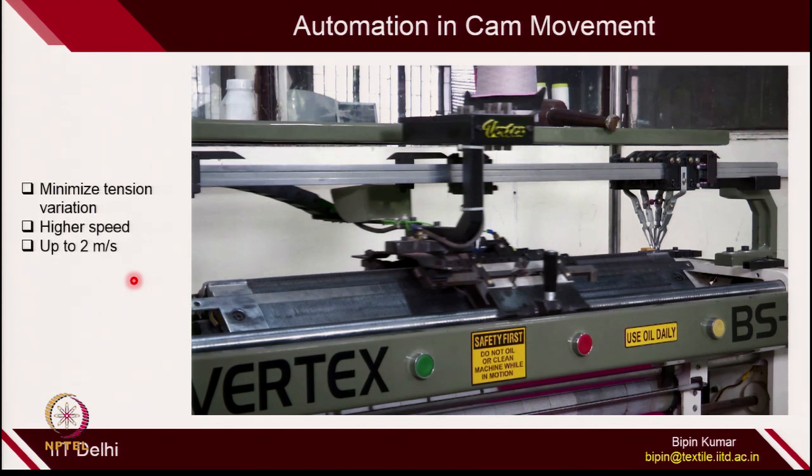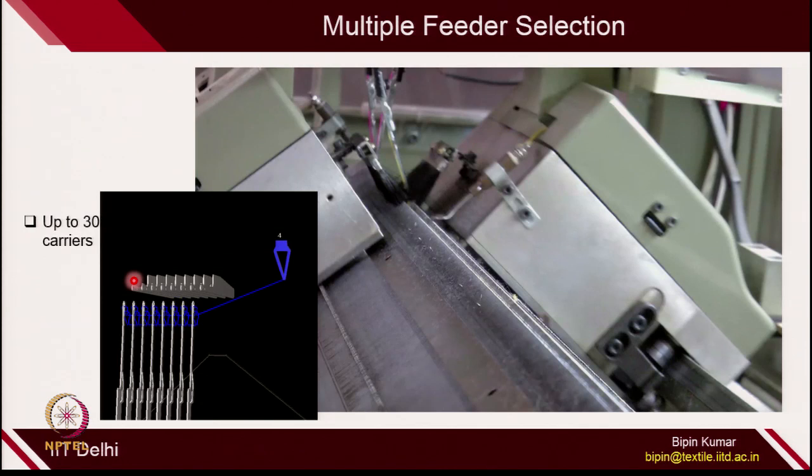Automation in the cam movement is really important from the production point of view and for obtaining uniform fabric production. So automation is very much needed.